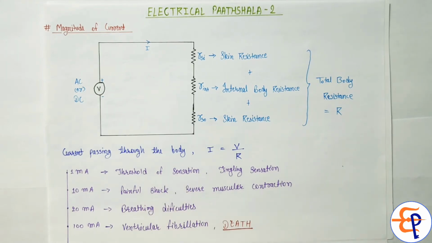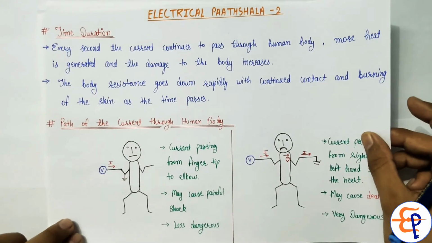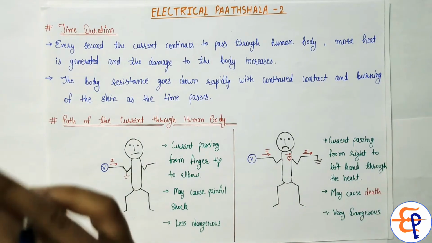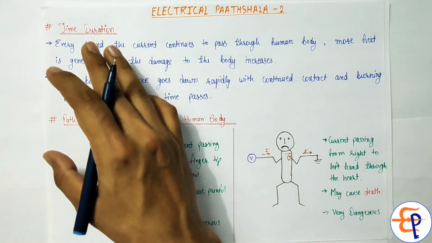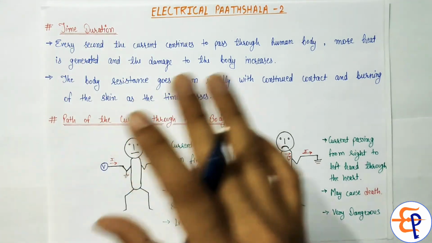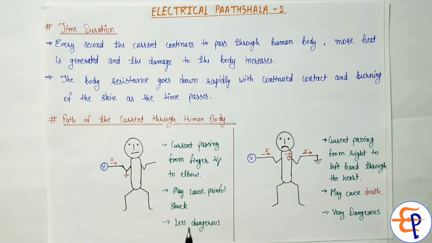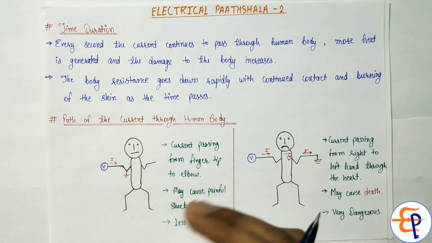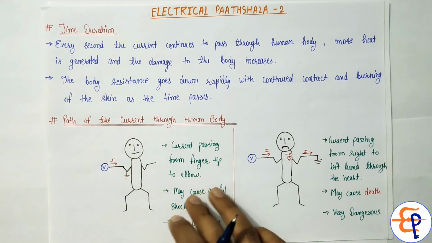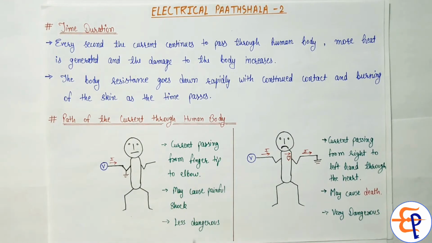Now guys, the next factor on which electric shock intensity depends is the time duration. So guys, apart from the magnitude of the current, the time duration for which that current is passing through your body is also very important. For example, a very small current, if it is passing through your body for enough time, can also cause serious damage.